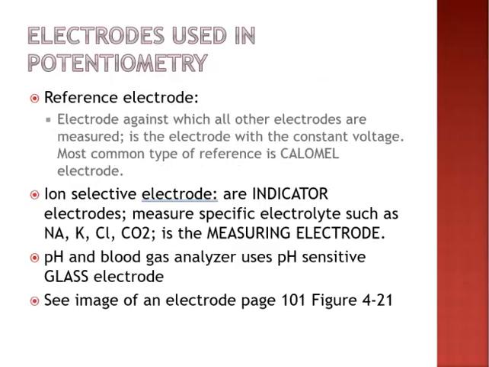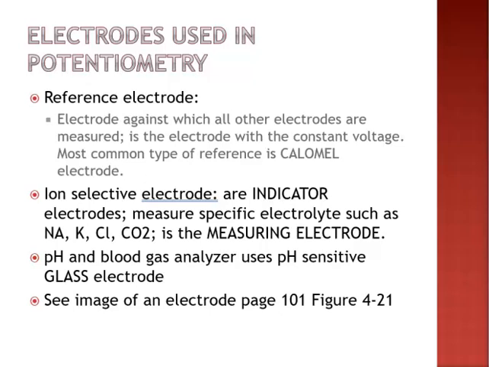Now let's talk about some of the electrodes that can be used in potentiometry. There is a reference electrode, which is the electrode against which all other electrodes are measured. It is the electrode with a constant voltage. The most common type of reference is a calomel electrode.